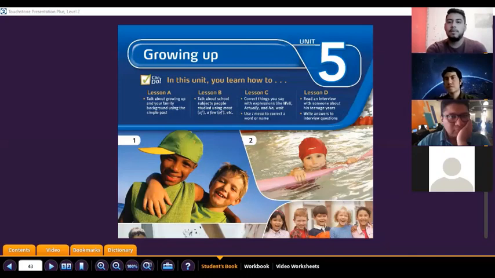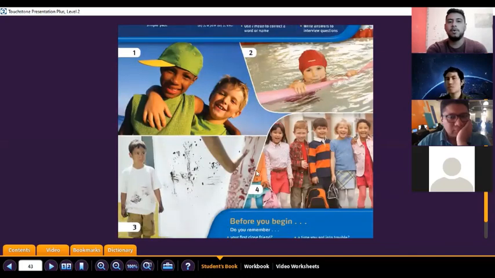Okay, but before, I want you to look at these four images, and tell me what you can see here. I'm gonna give one image to each of you, and you are going to describe what you see in the image. Okay, what you think is happening in this image.